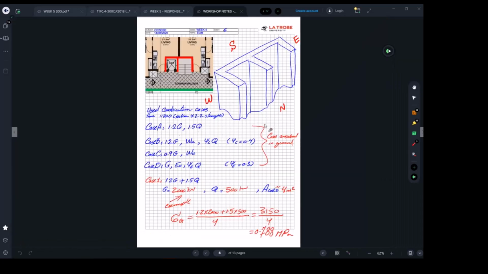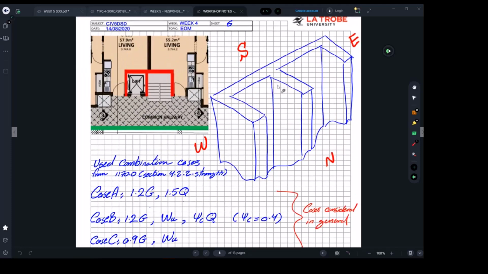So just to give you an explanation, this is the core. If the centroid is here, y can be, if you are interested to find the stresses at this end, okay, I don't want to put writing here because it's going to destroy this, because if I want to delete it, it's going to take everything away. So imagine with me the centroid is going to be here, for example.